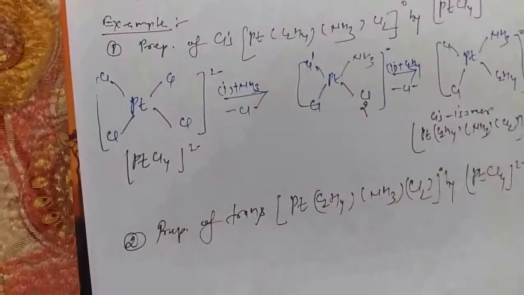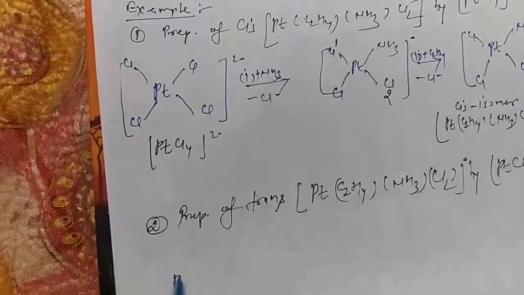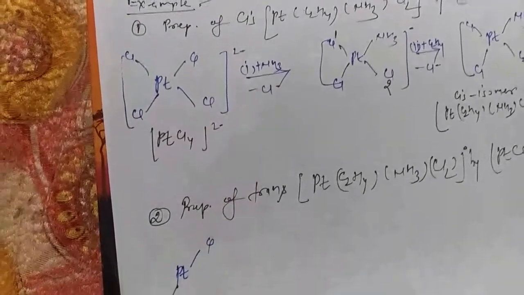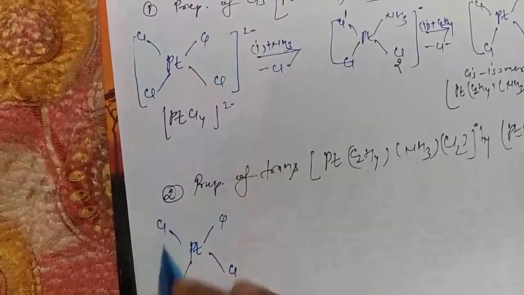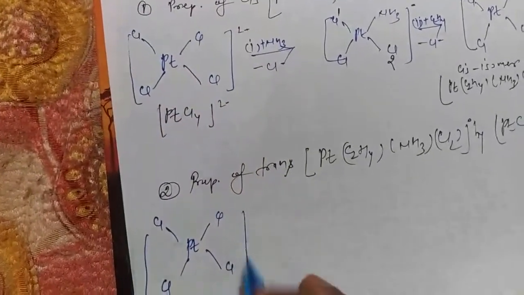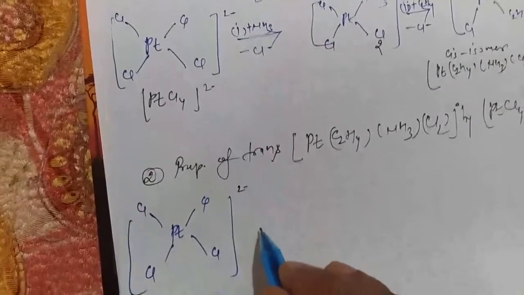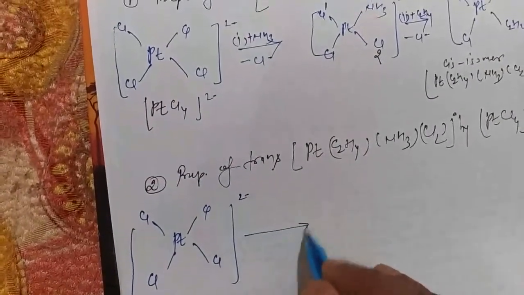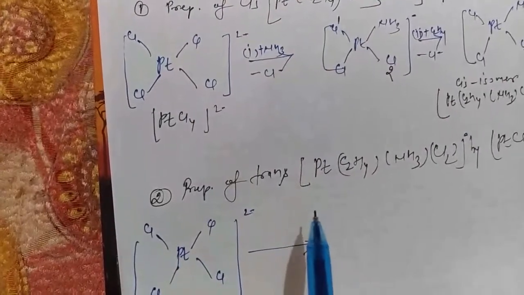So let's take an example: PtCl4 2 negative. Now we have to form the trans form, and we need to identify it.